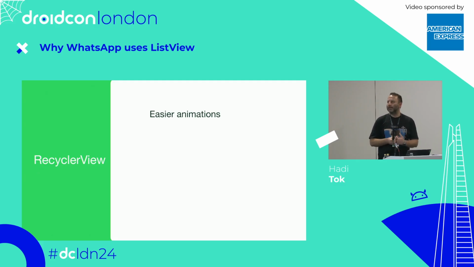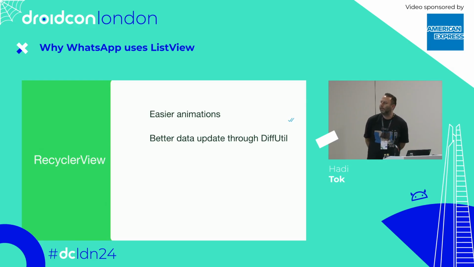Easier animations, as we want to show the information as fast as possible, we don't have or need animations at this point on the chat list screen. I think this is one of the few items that we could benefit from: we have to call notifyDataSetChanged a lot.